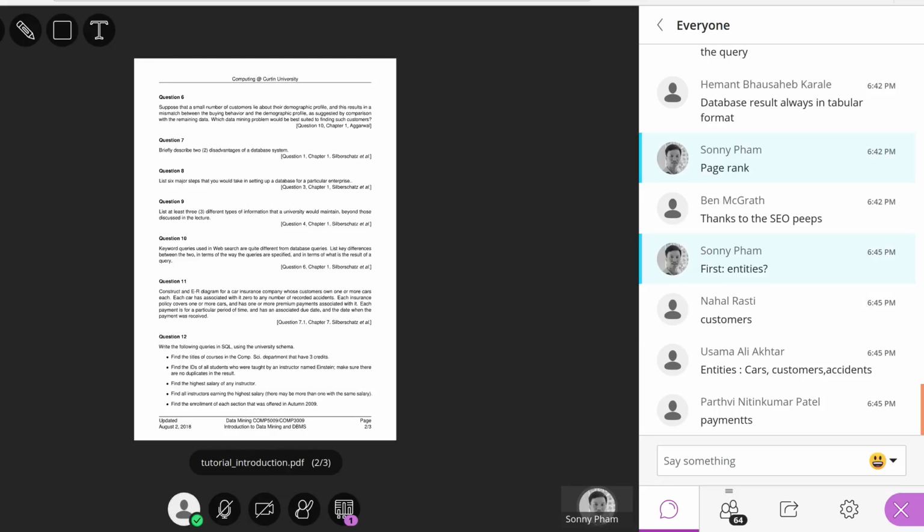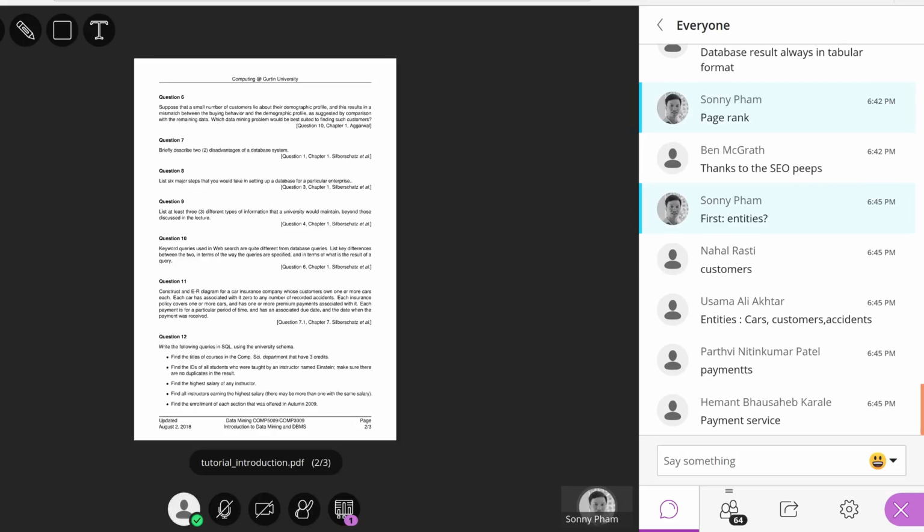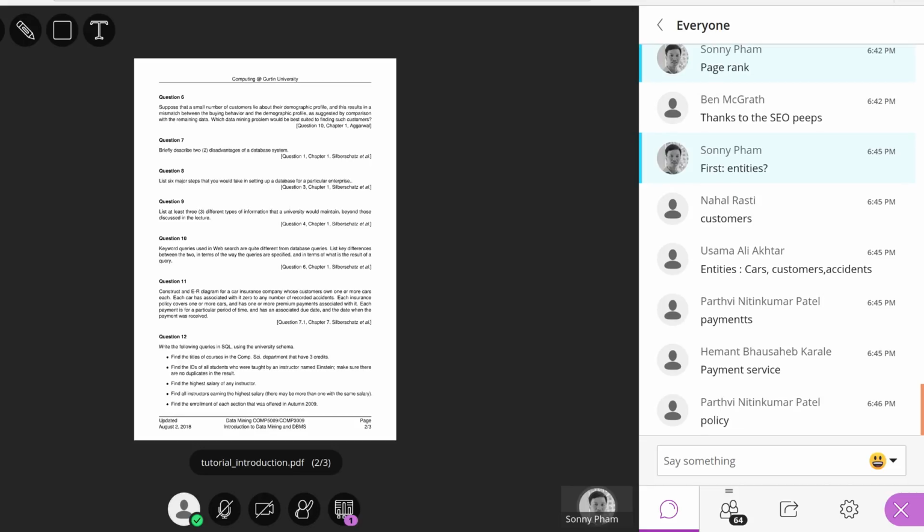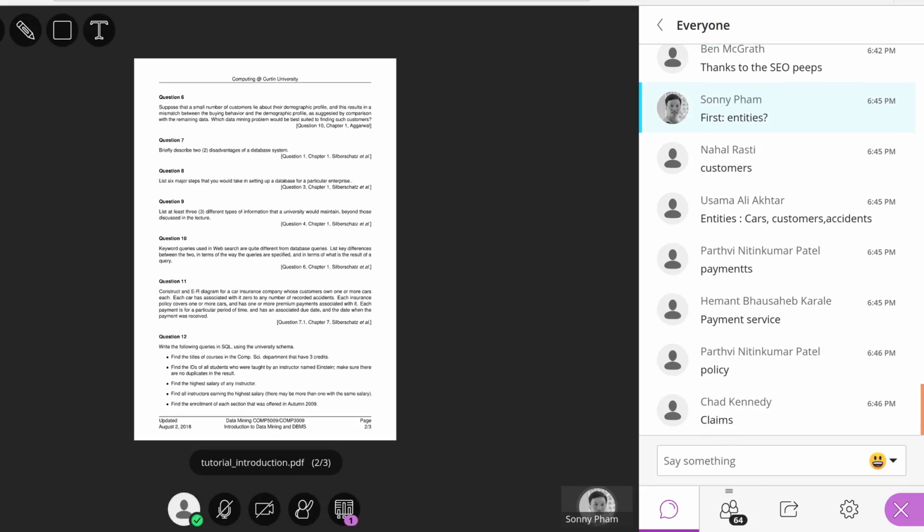So we need to have cars. That definitely we have to have, because customers own cars. They are real entities. All right, so we have another one, payments. Payment is definitely something that should be there.